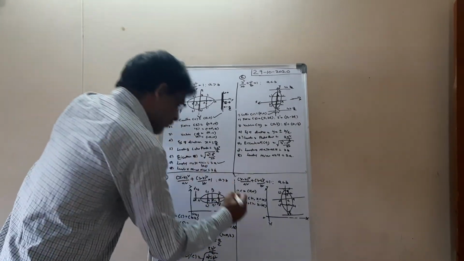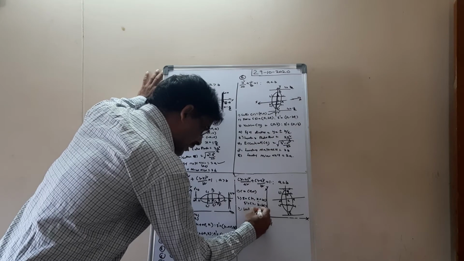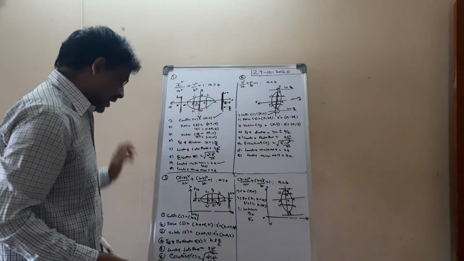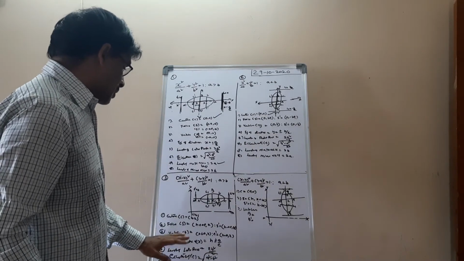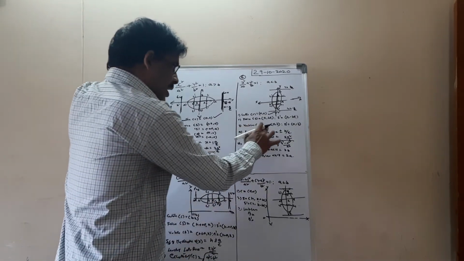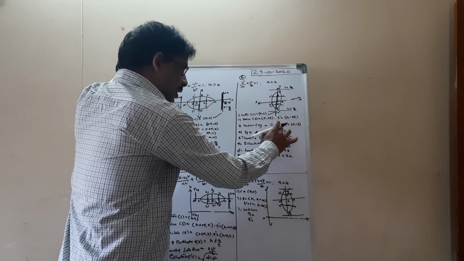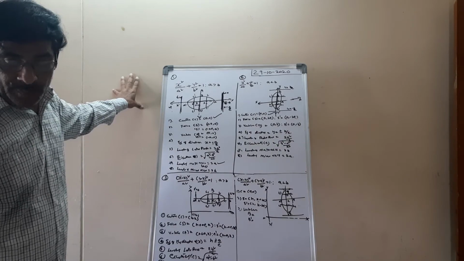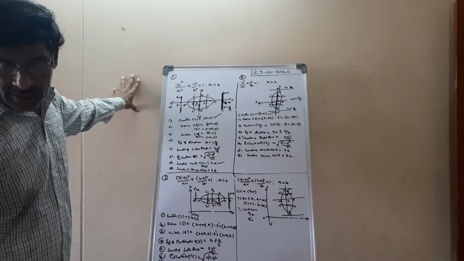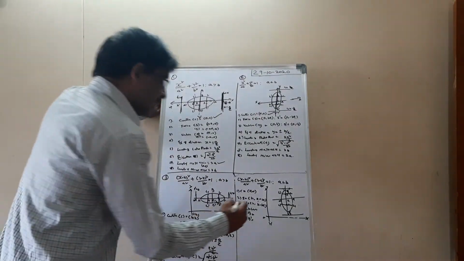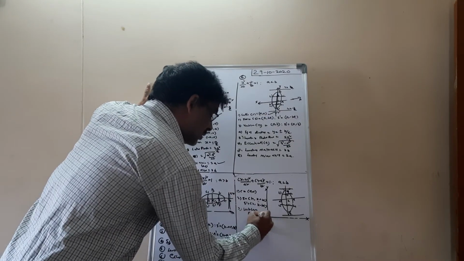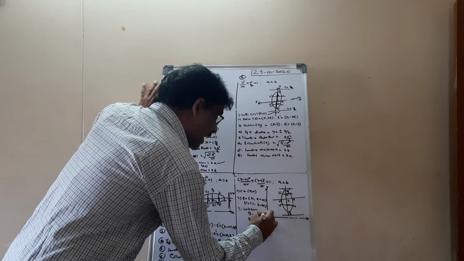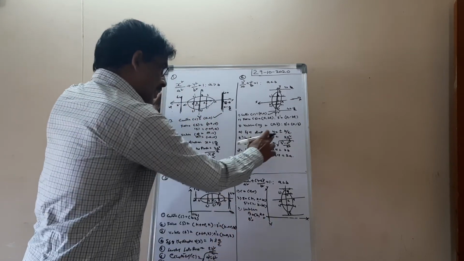Now the third one, the vertices, B and B dash.